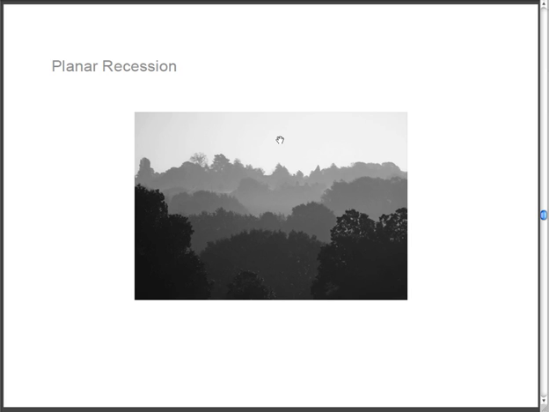So the idea of planar recession is that there's a series of parallel planes that are moving away from you into space. Now this also uses atmospheric perspective, that things are less distinct and lighter as they start blending into the background. This also uses value contrast, darker coming forward and getting lighter and starting to blend into the background.